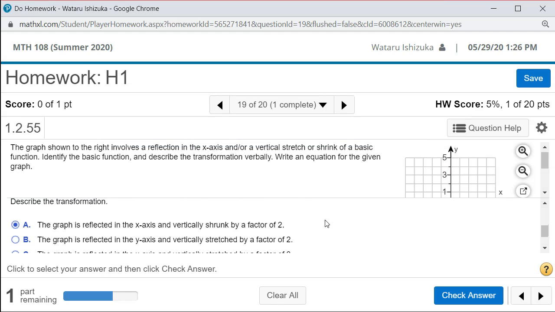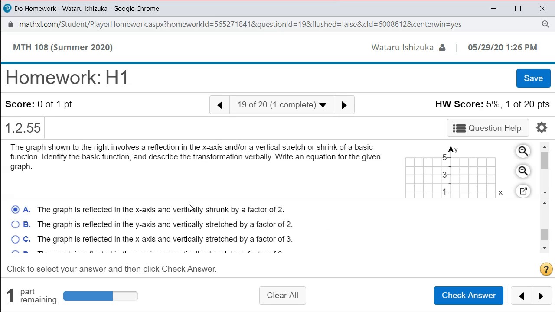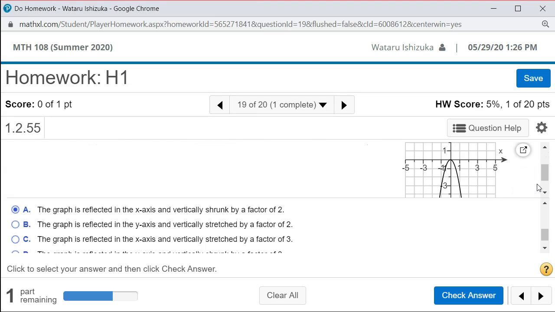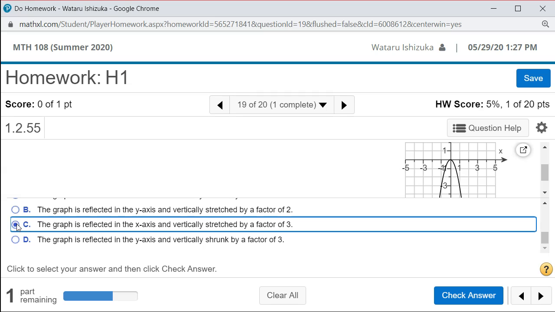Oh, there are more choices. That's good. So reflection about the x-axis, and it's stretched by some factor. Originally it's 1, but it looks like it's 3 times as much. So it's got to be a reflection in the x-axis and vertically stretched by a factor of 3.